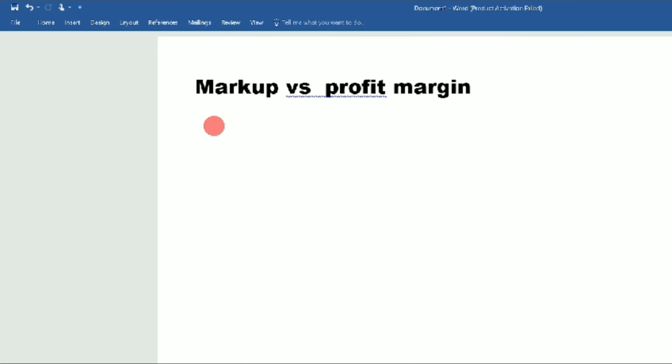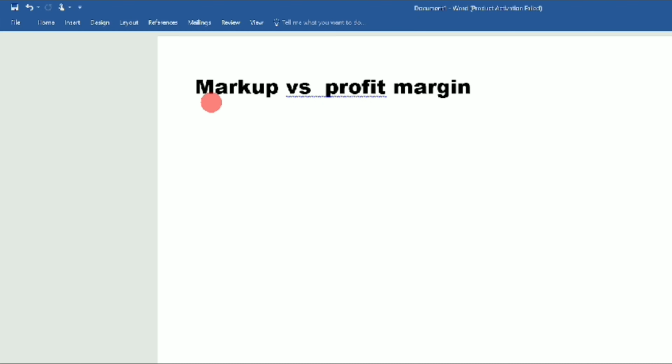Today we will be doing a calculation in business management, and we are going to look at markup versus profit margin. A lot of businesses, or a lot of intending investors, actually look at only profit. They tend not to look at what the markup is saying and what the profit margin is saying.